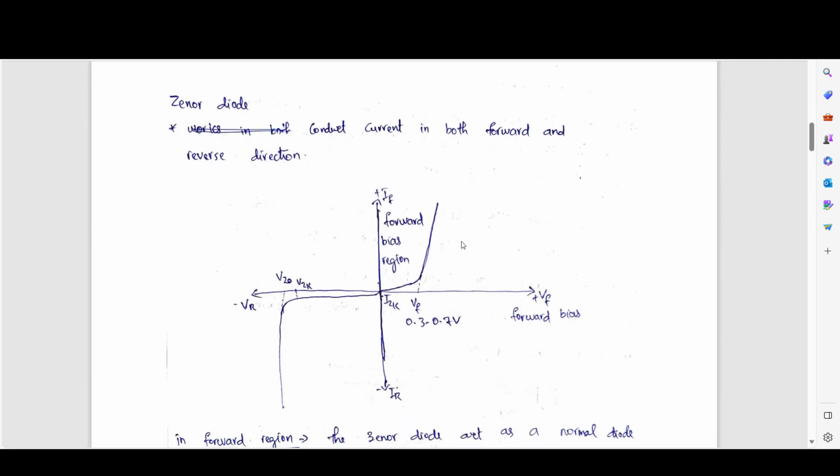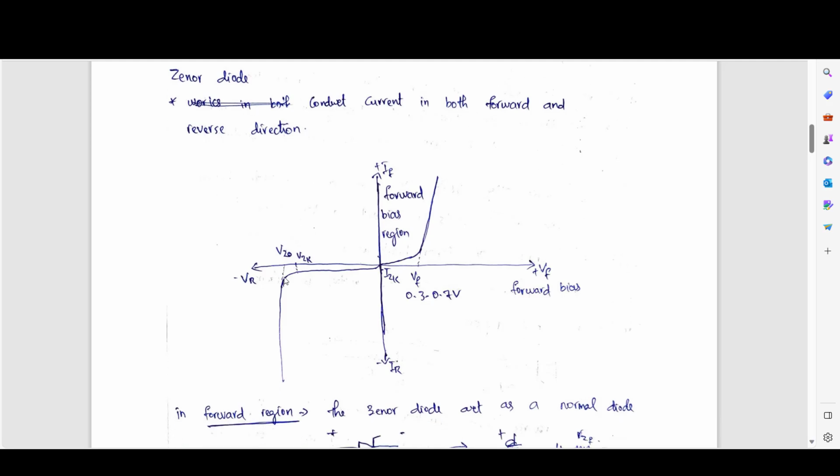Before going to the solution, we will have some small discussion about Zener diode. A Zener diode is like a normal diode, but there is some difference in the operation. In the forward bias region, whenever the Zener is forward biased, it is similar to a normal diode.